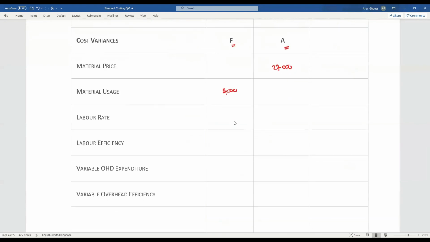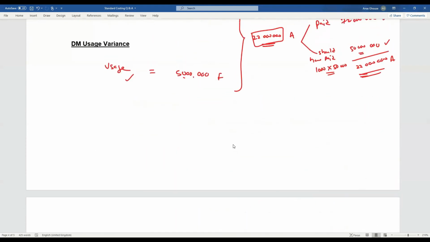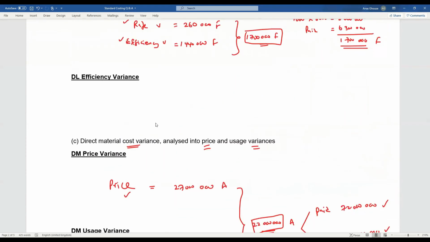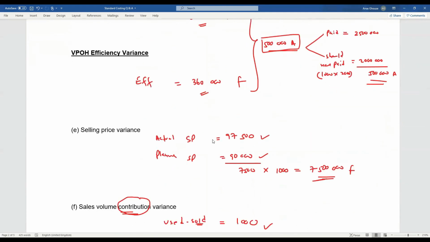Then we'll move on to labor rate and labor efficiency. That also we have already calculated. Labor rate variance is 260,000 and efficiency is 1,440,000.